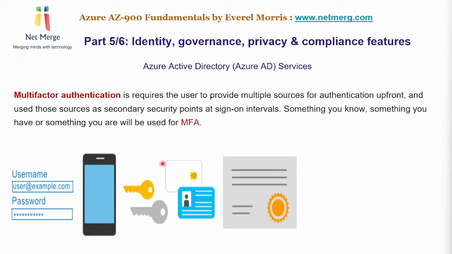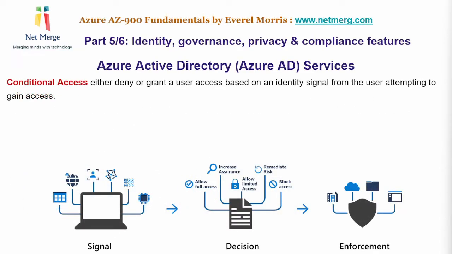Something you know is your password, your mother's maiden name. Something you have, your cell phone, your email. Something you are, you're an employee, you're a contractor. Those types of things can be used to help with multi-factor authentication. So you're being authenticated in more than one way.